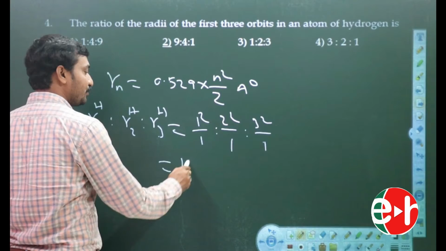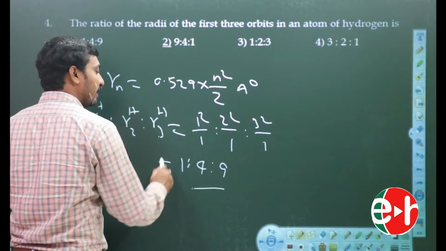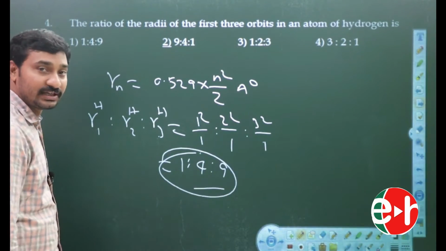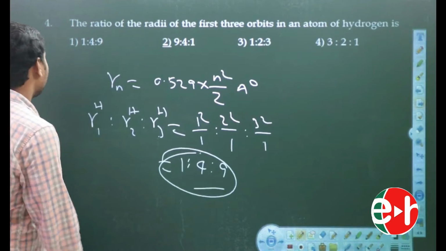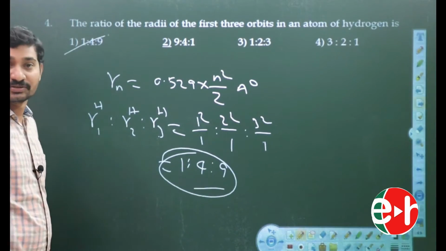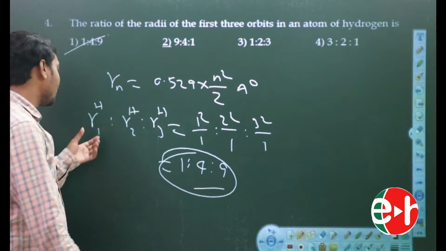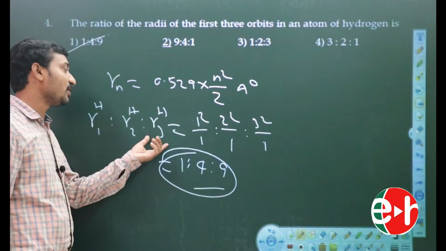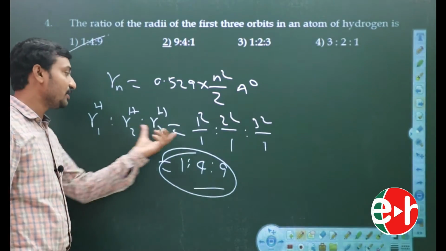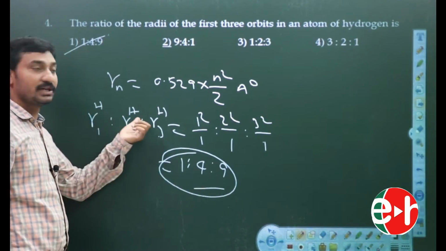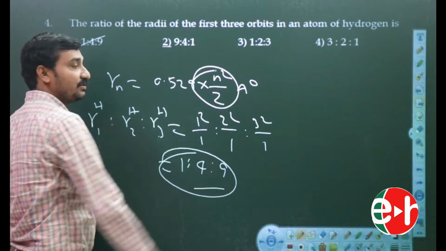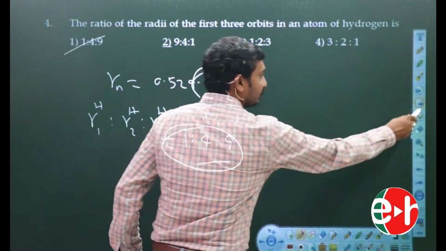Then 1 is to 4 is to 9 is the right answer. The first one is the correct answer, R1 of H is to R2 of H is to R3 of H, depending upon n square by z value. Okay, next one.